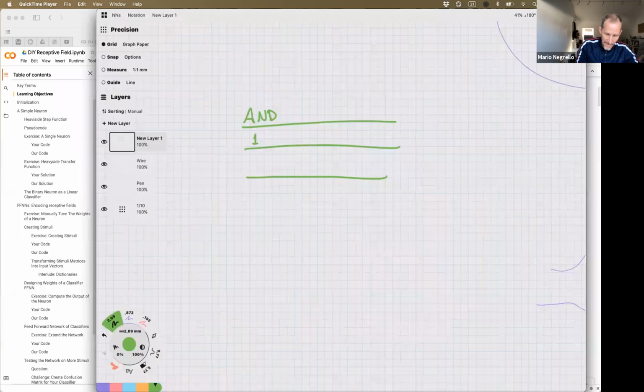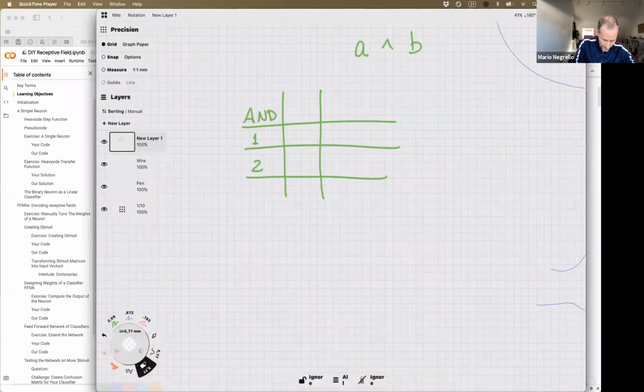And they can have different values. Say these are two statements, A and B. And the question is, what is the output of A and B? Maybe better to just write A and B.